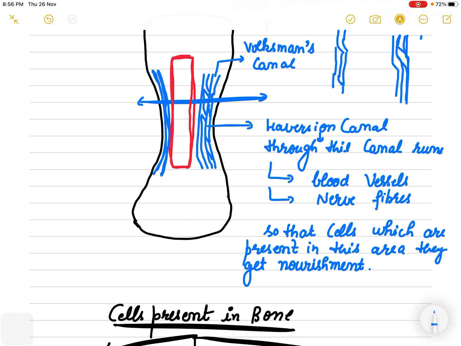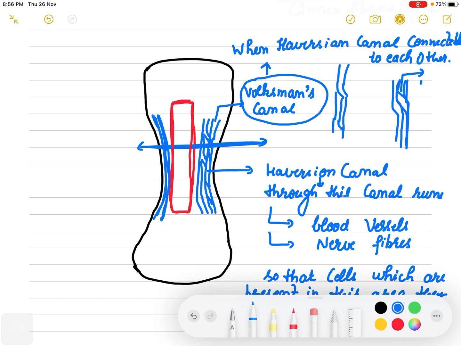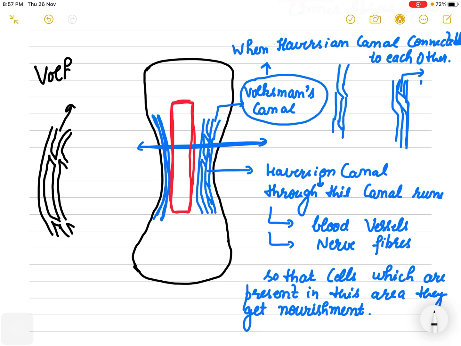So when they are connecting to each other, that is known as Volkmann's canal. Just one more time, this is the canal which is running. When it connects with the other canal, and another canal comes out, and again there is another connection, this connection is known as Volkmann's canal.